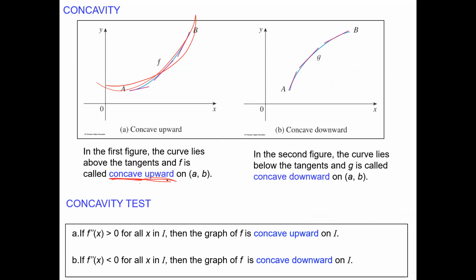The function is concave up. If the function is bended down, we can say concave downwards. But also let's look at the definition, because having a function, we have to be able to identify if the function is concave up or concave down.